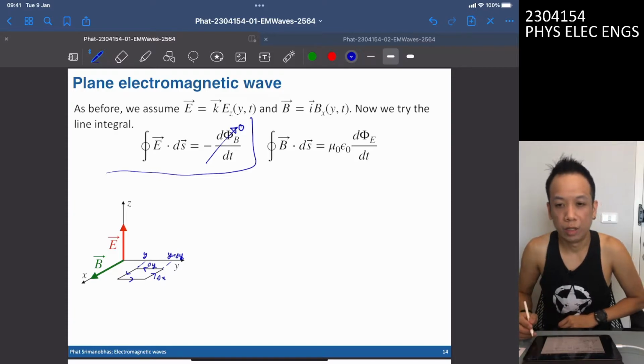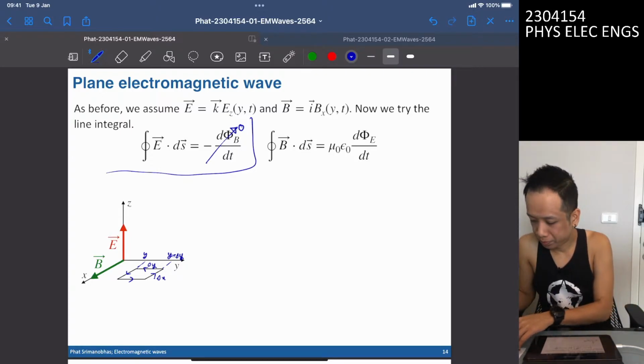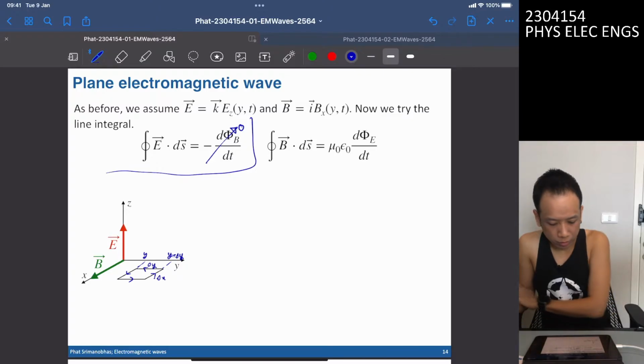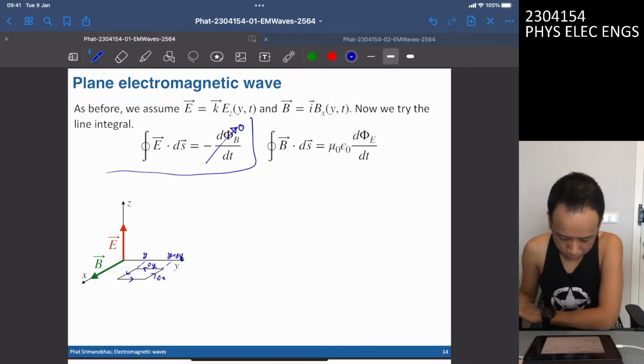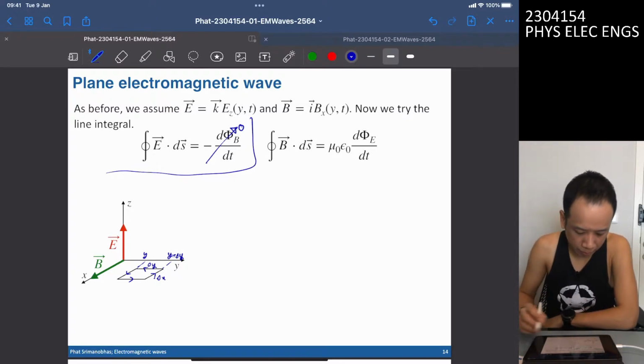We do only the integral of B dot ds equals mu 0 epsilon 0 d by dt of the flux of E. Okay. So I think we start the same.